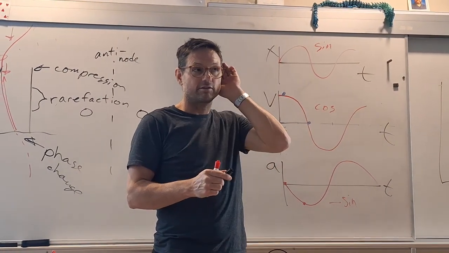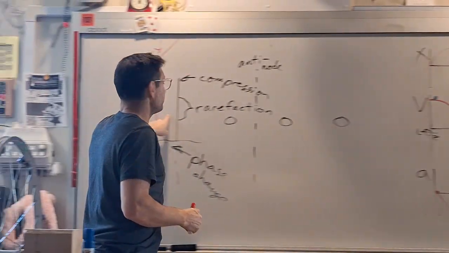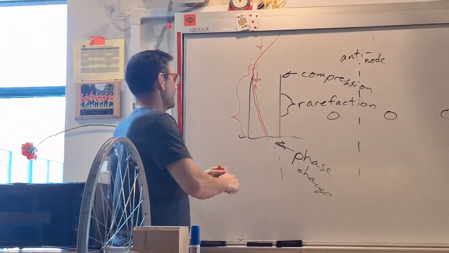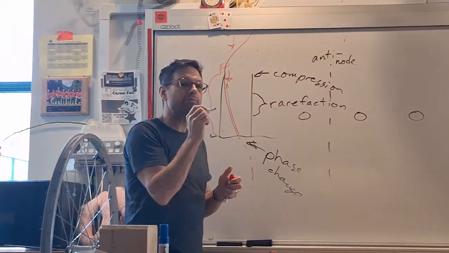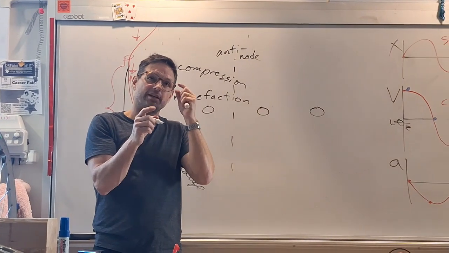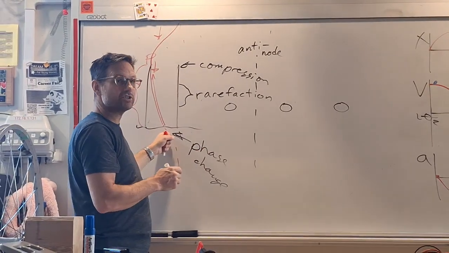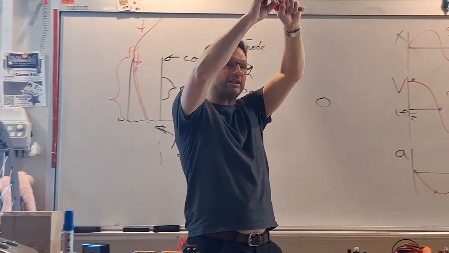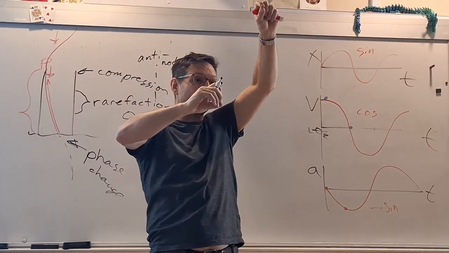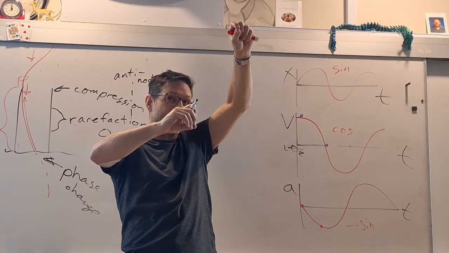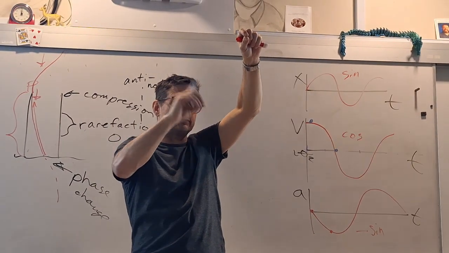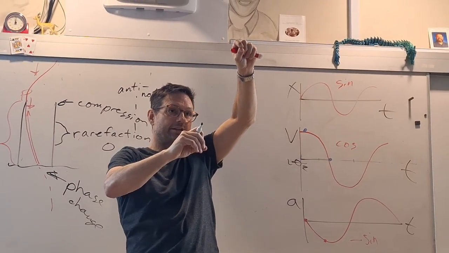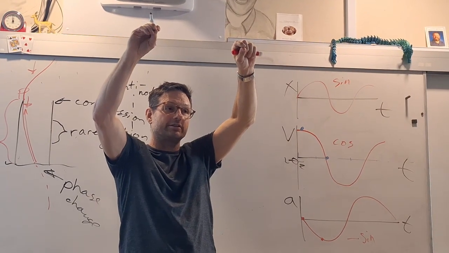Say it again. This is a quarter of a wavelength, actually. It would be a half if you did not have the phase change. Because then you'd have your compression, you'd go half down to equilibrium, and then you'd come back as a trough, right?